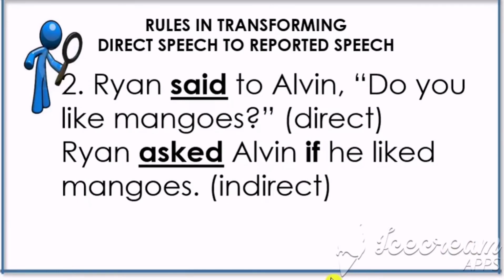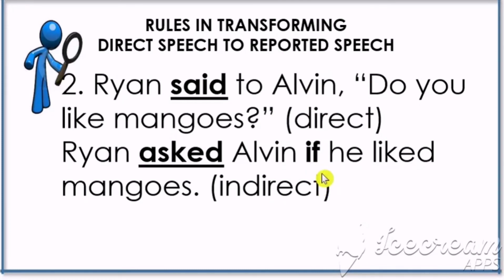Another example. Brian said to Alvin, "Do you like mangoes?" So that is the direct speech. So what is the reported speech? Brian asked, so we change said to asked. Brian asked Alvin. Now we remove the quotation marks, the question mark, as well as the comma here, and then we add the word if.